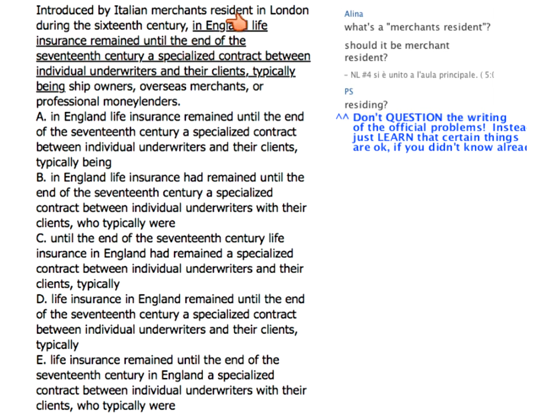So you can take this word out and put settled here. Versus residing somewhere, you might just be there overnight, or even just for a month or something. In fact, in English, if you say that someone is residing somewhere, you're actually implying that they're really not going to be there for very long. So you wouldn't say that you're residing in a place where you're going to spend the rest of your life.